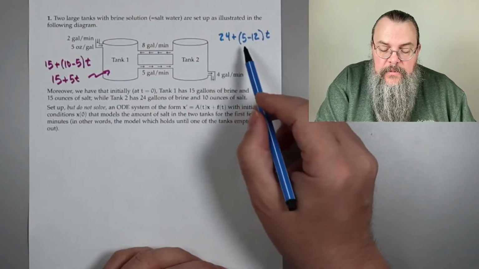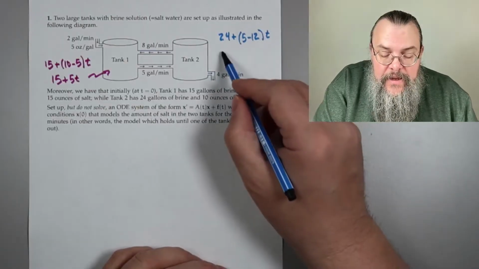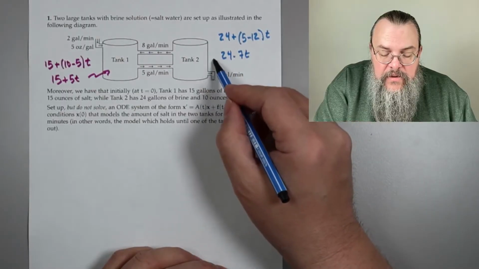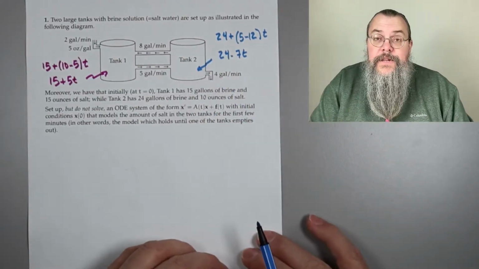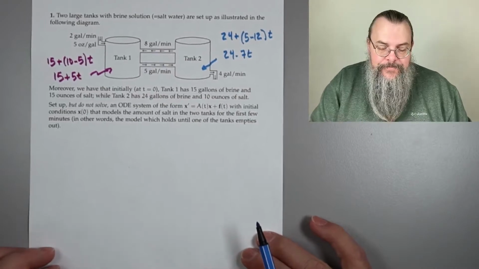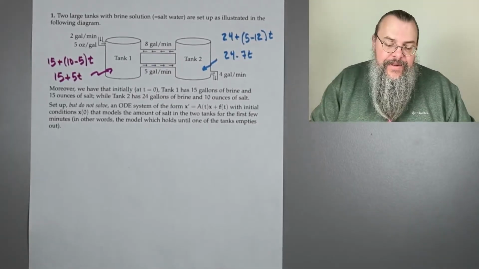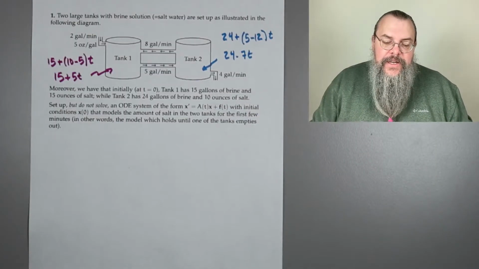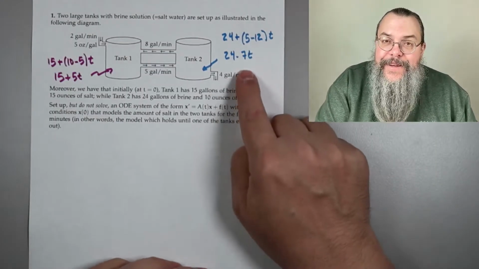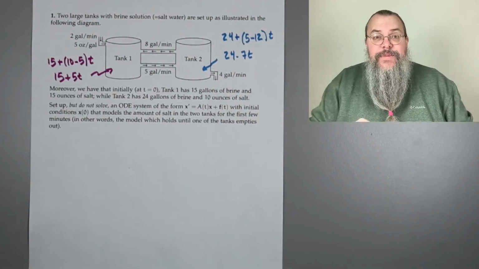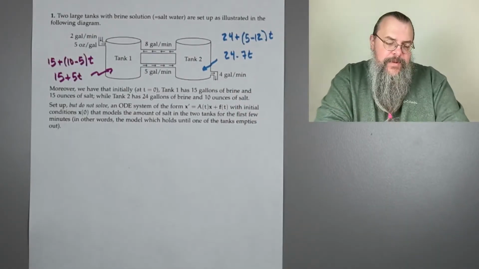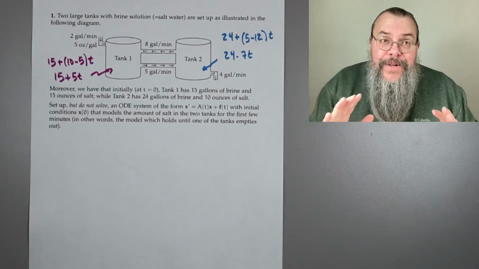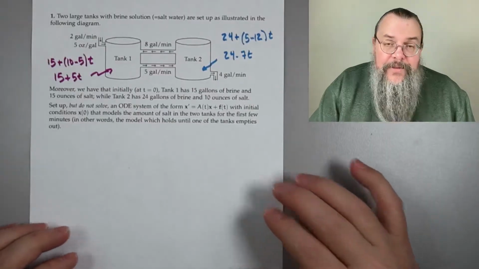So 5 minus 12 is going to be negative 7t. So that's our water level in tank 2. So in other words, after t minutes, there's 24 minus 7t gallons of solution. You'll notice here the negative. So that actually says tank 2 is going to empty out. It takes about 3.5 minutes. Okay, good. Now, that's important, and we're going to need this as we go about setting it up.